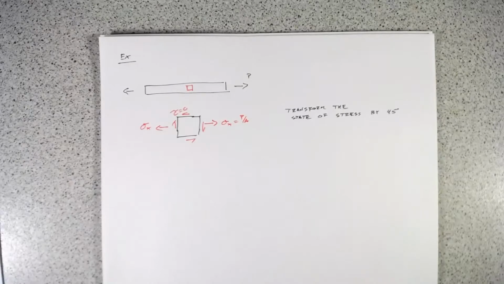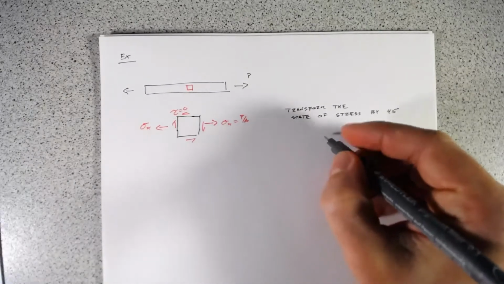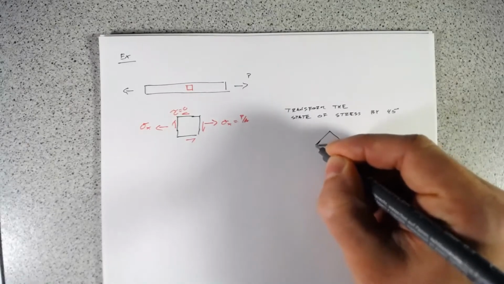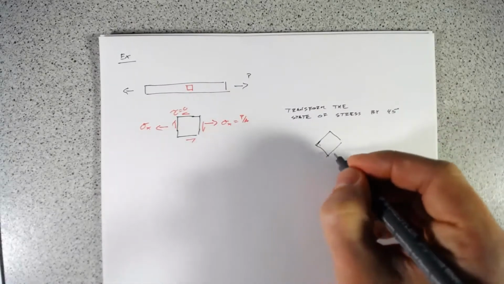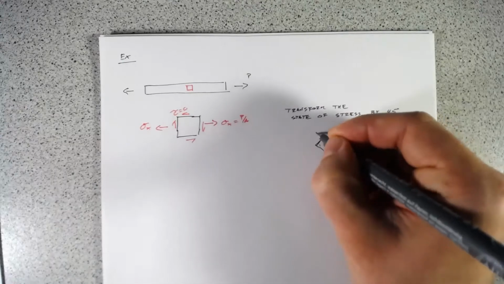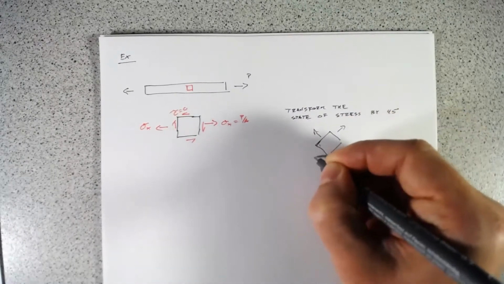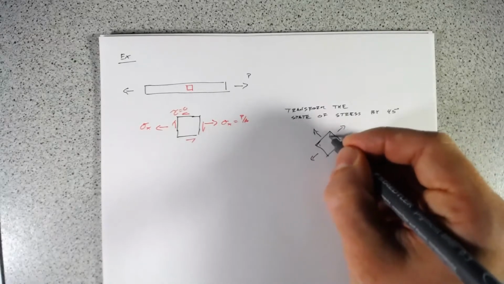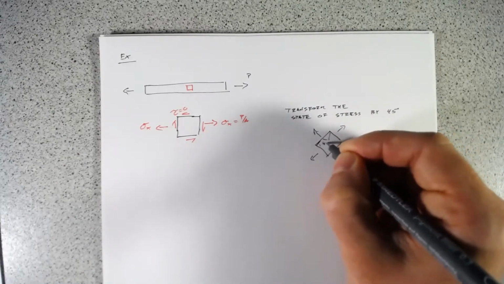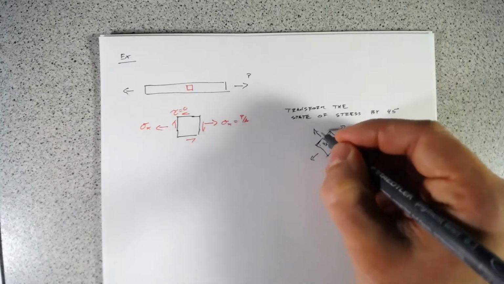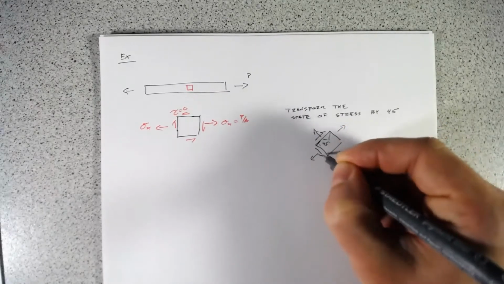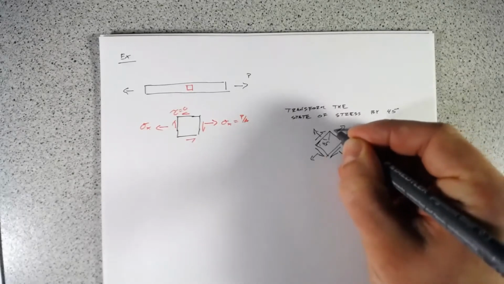So really, we want to go from something which is this uniaxial tension where we don't see any apparent shear stress, and rotate it to something that looks like this, where there'll be some normal stress, and this is again all going to be at 45 degrees, as well as some shear stress.